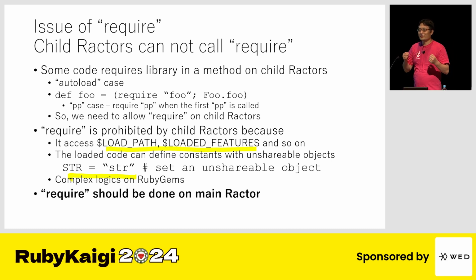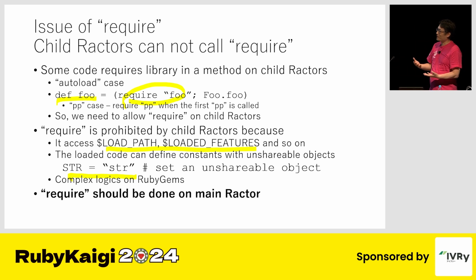However, in many cases we need to require on child Ractors. For example, some methods require some features internally. For example, the pp method, you don't need to require it anymore, maybe after Ruby 2.5 or 4, I forget the correct version number.